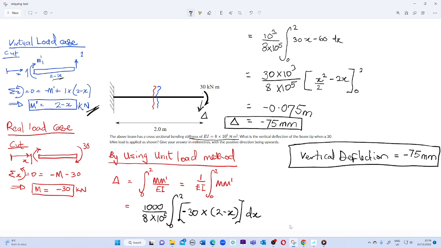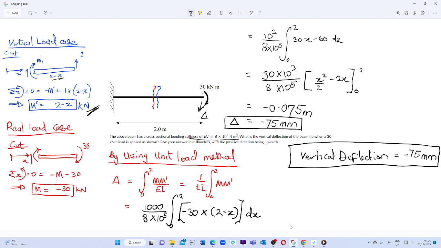So therefore, we cut the cantilever beam into 2 once again. So therefore, we have our cut here, which gives us the moment acting clockwise, which is 30 kilonewton. We have another moment acting on the cut edge with the shear force and the x cut acting towards the surface of the cut.